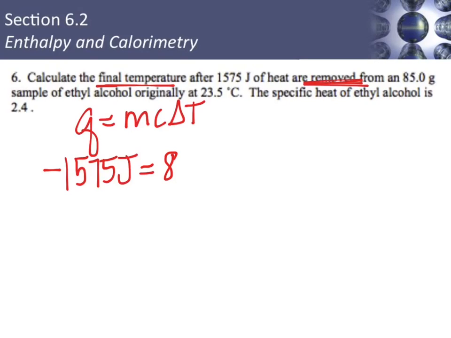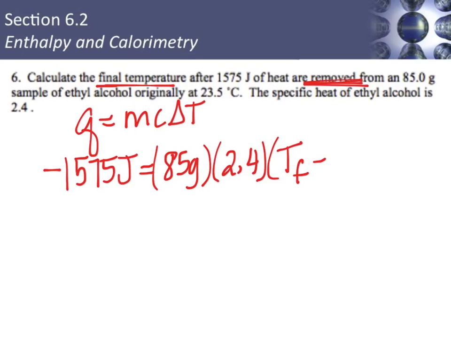Our mass is 85 grams. Our C is 2.4. And we have our temperature final minus our initial, 23.5. So solve for T final.